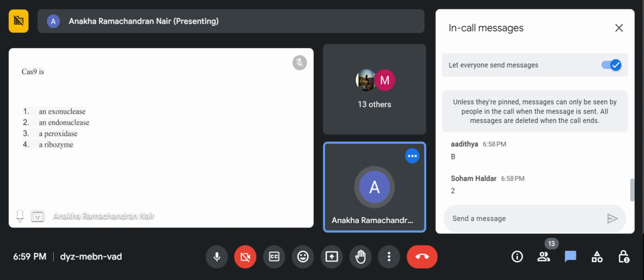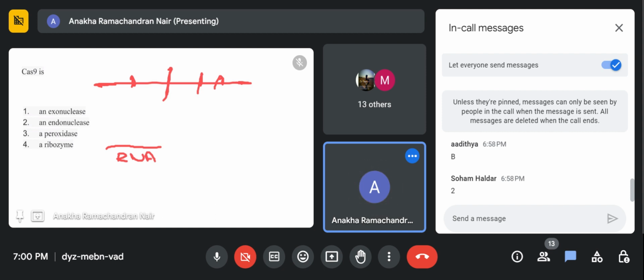It is the endonuclease, that is, it cuts the nucleic acid within. Okay, so its function is within the strand of nucleic acid. An exonuclease will work on the end. A peroxidase is the enzyme that breaks down hydrogen peroxide, and a ribozyme is an RNA molecule that has enzymatic activity.